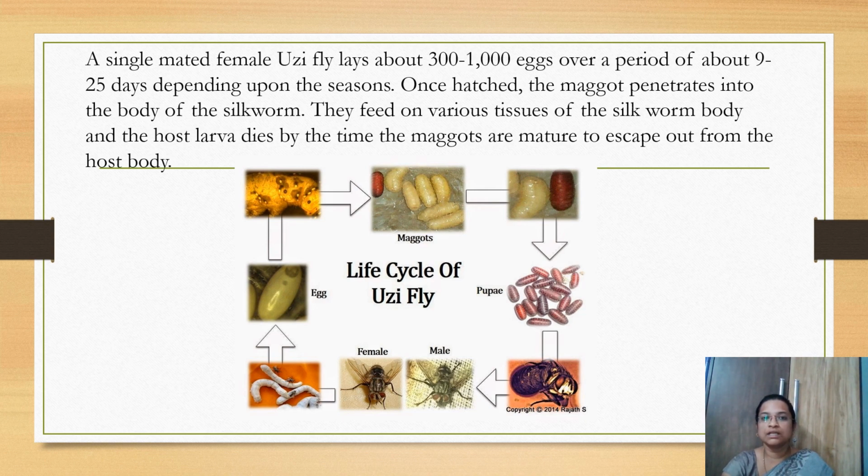A single mated female lays about 300 to 1000 eggs over a period of 9 to 25 days depending upon the seasons. Once hatched, the maggot penetrates into the body of the silkworm and starts feeding on the various tissues of the silkworm body, and the host larva dies by the time the maggots are mature to escape out from the host body.